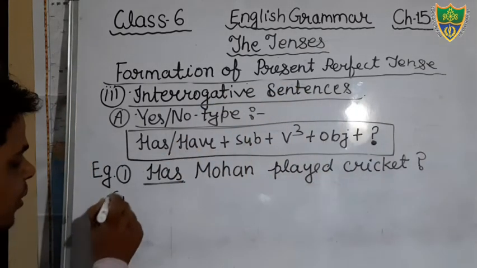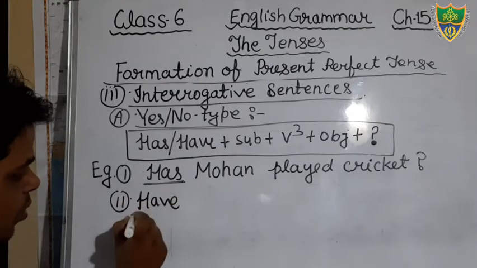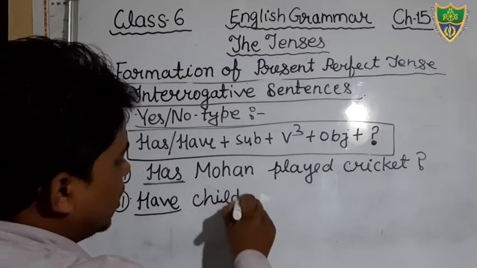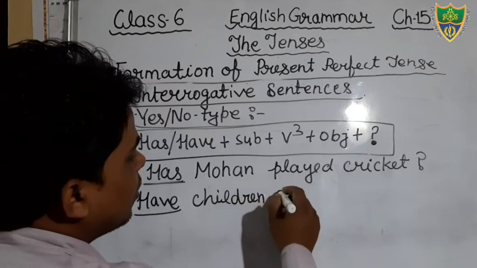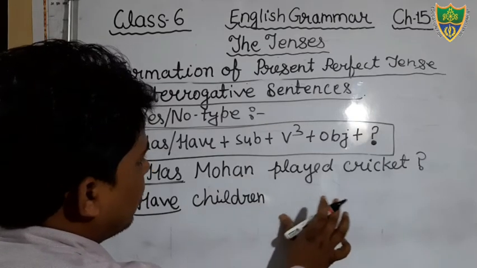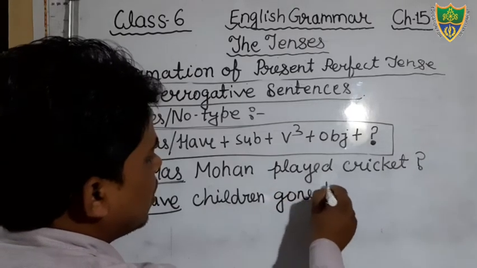Okay, one more example we can see, have children. Children is plural, therefore we will write the helping verb have. Have children gone to market?